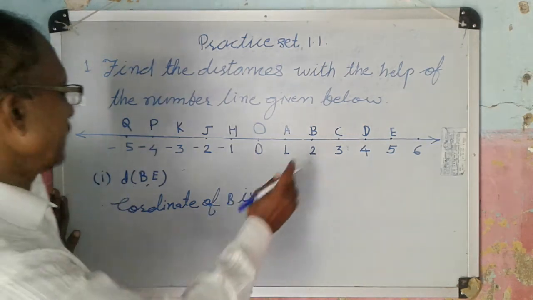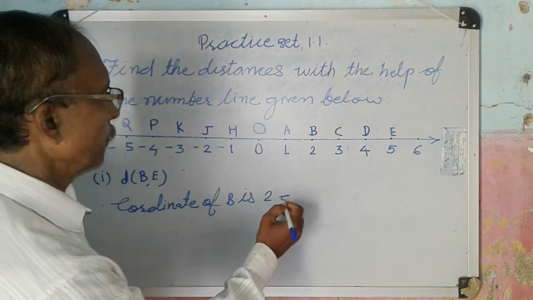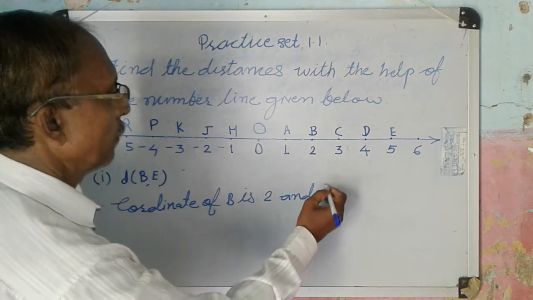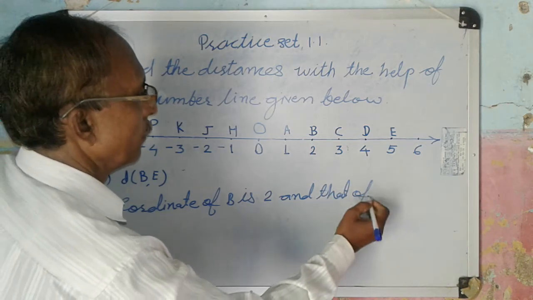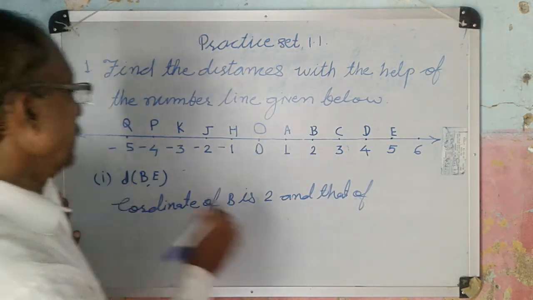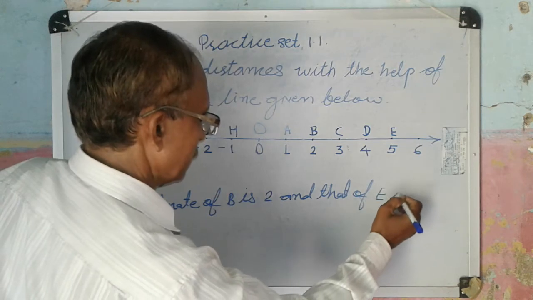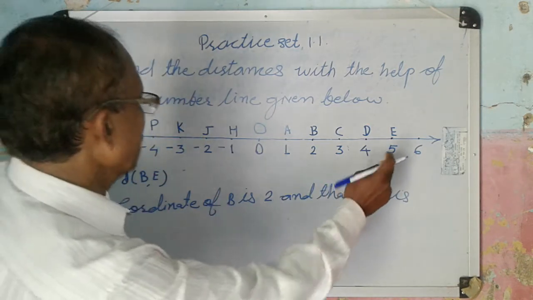Coordinate of B is 2, and coordinate of E is 5.